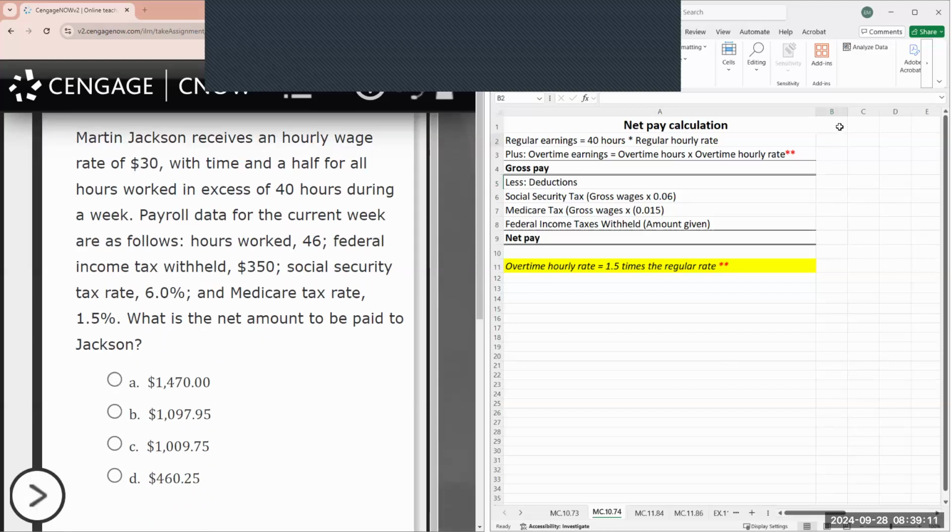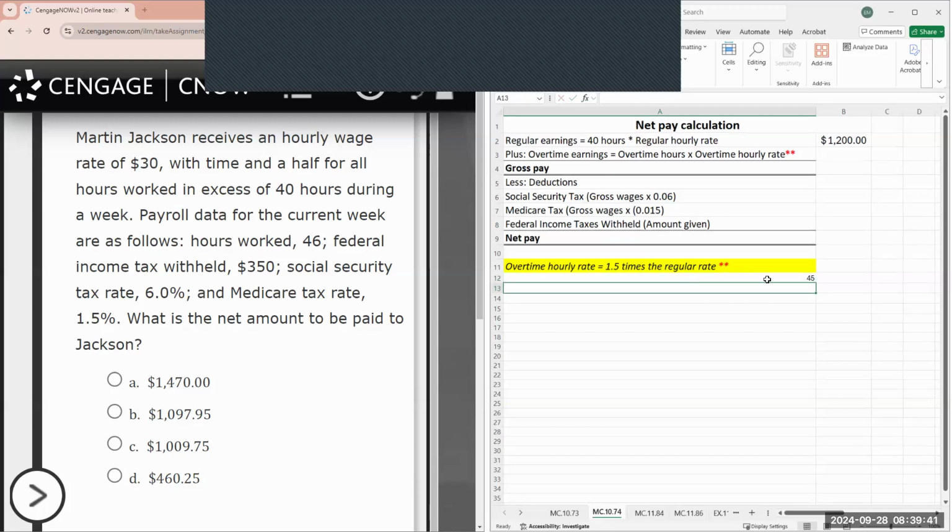So we already know how to calculate our gross pay. We calculated it previously. So 40 hours multiplied by the regular hourly rate. And in this case, it says he receives an hourly wage rate of $30. So that's 1,200. Our overtime earnings is our overtime hours multiplied by the overtime hourly rate. So in order for us to determine our overtime hourly rate, it's $30 multiplied by 1.5.